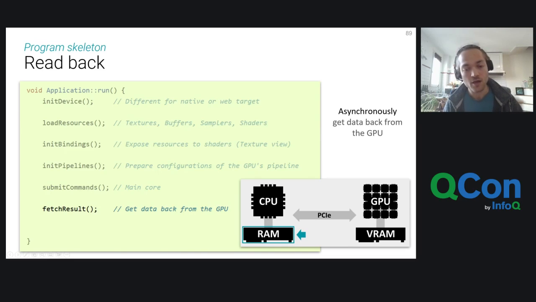So all the other operations that were issued on the CPU towards the GPU are fire and forget. You say do something, and when the function returns on the CPU side, it doesn't mean that it's done. It just means that the driver received the instruction and will eventually forward it to the GPU. So this is no longer a problem until you actually want to get some results back from the GPU, and that's where some synchronicity is needed.